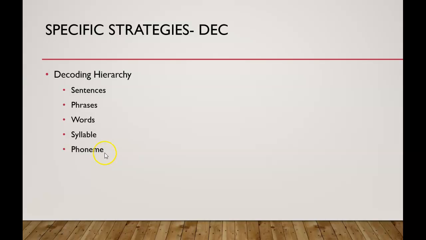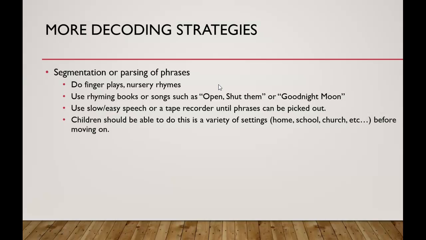Or we can do a bottom-up where we work on phonemes, syllables, words, phrases, and sentences. I usually do a bottom-up for younger kids and a top-down for older kids and adults.